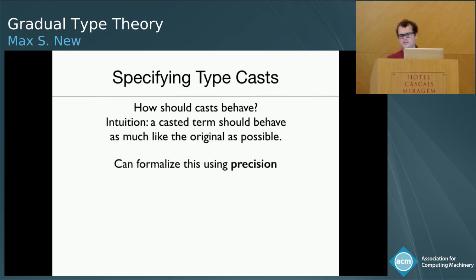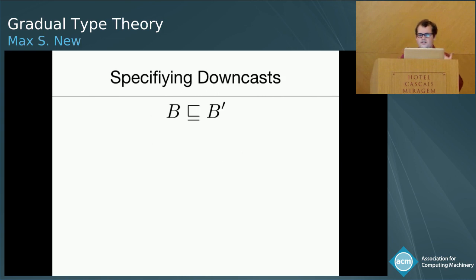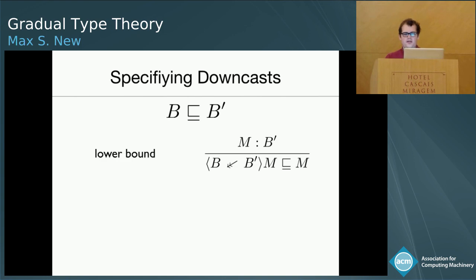We can formalize this using the term precision relation. For instance, suppose b is less than b prime. When I have a term m of type b prime and cast it down to type b, it might not have type b, so it might error more than the original term. So it should be more precise than the original term.